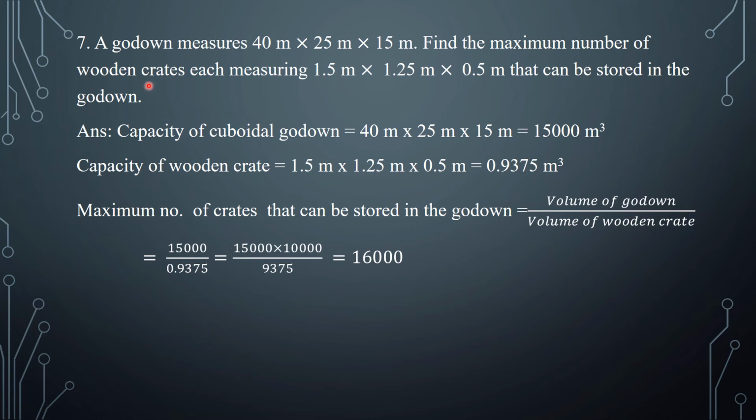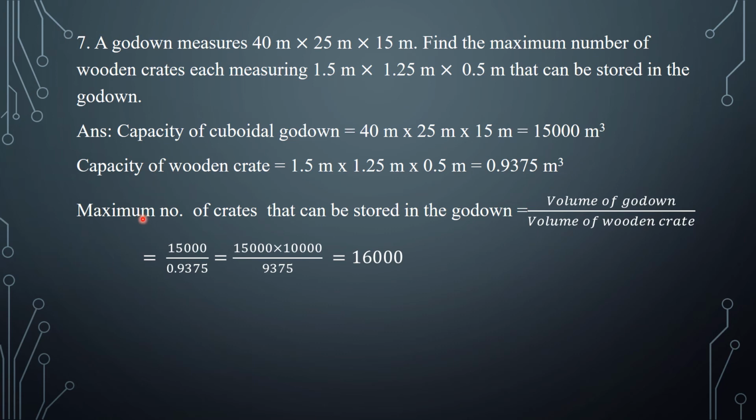At the same time, when we are going to arrange the wooden crates in the godown with length 1.5 meter, breadth 1.25 meter and height 0.5 meter, we can say capacity of a wooden crate will be 0.9375 meter cube.